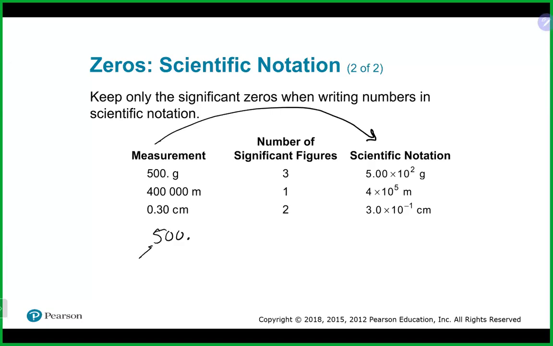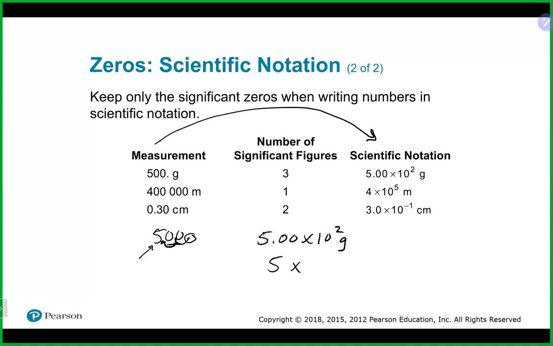Again, starting to count here, these zeros at the end are significant because of the decimal point. So if we wanted to write this in scientific notation, we would assume that we're going to go 1 place to the left, 2 places to the left. That gives us 5.00 times 10 to the 2 grams.